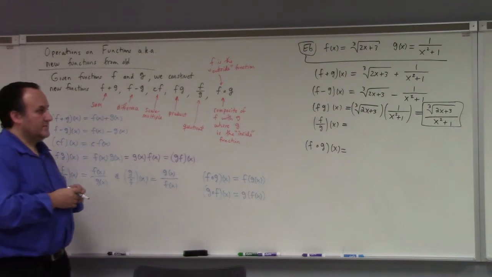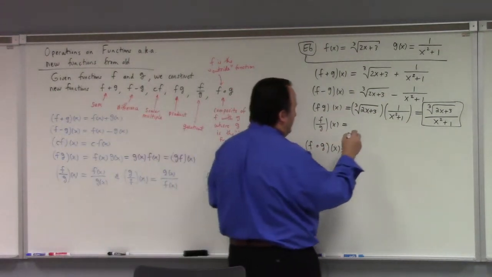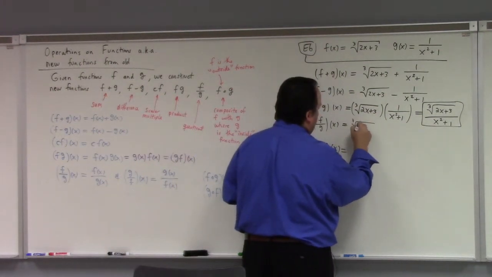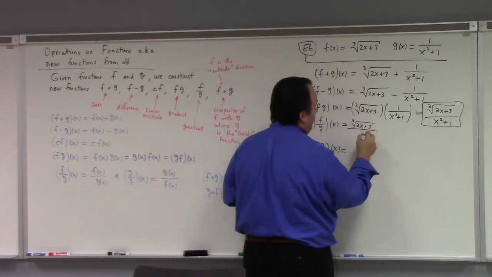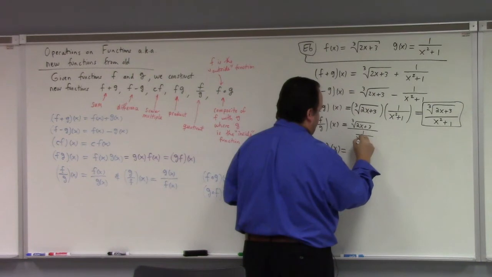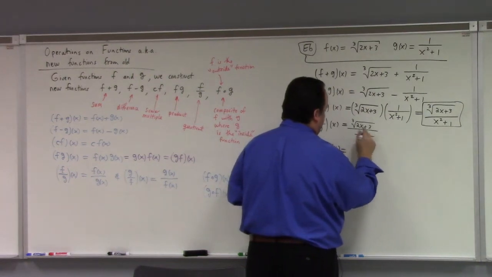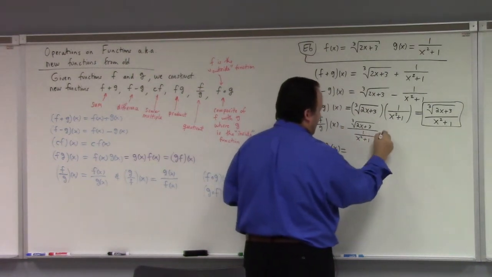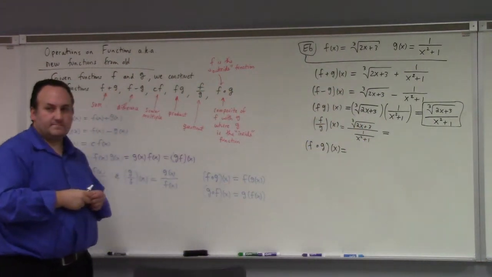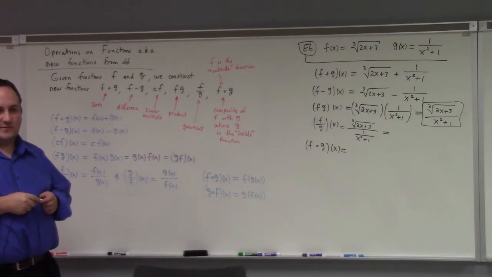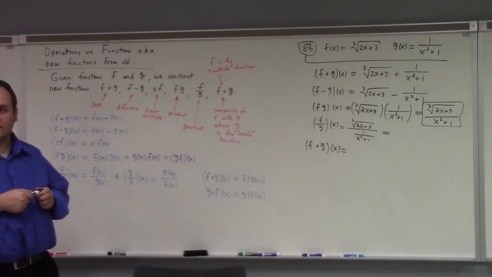f over g, literally the cube root of 2x plus 3 divided by g, which is 1 over x squared plus 1, yeah? I guess since I went down this path, can you guys simplify the formula here for me? How would you simplify that formula? You want to write it as a simple expression, not as a fraction.